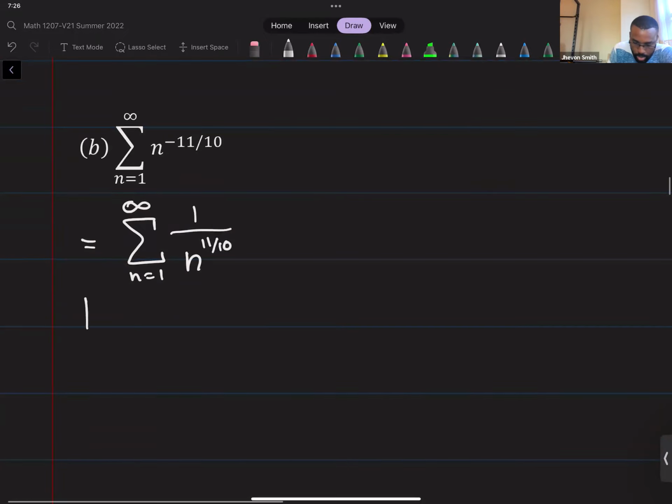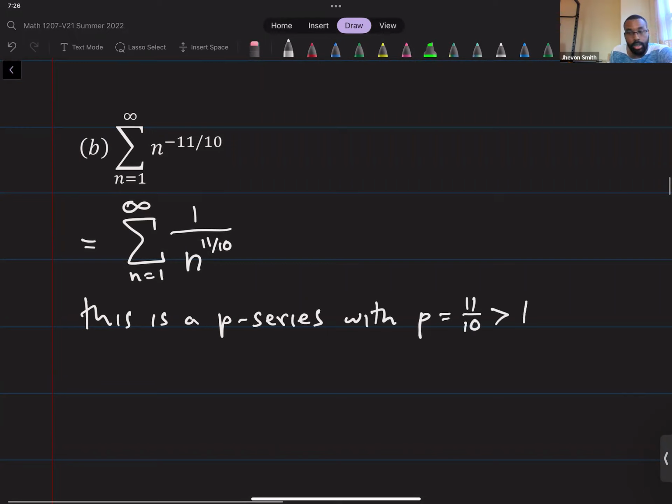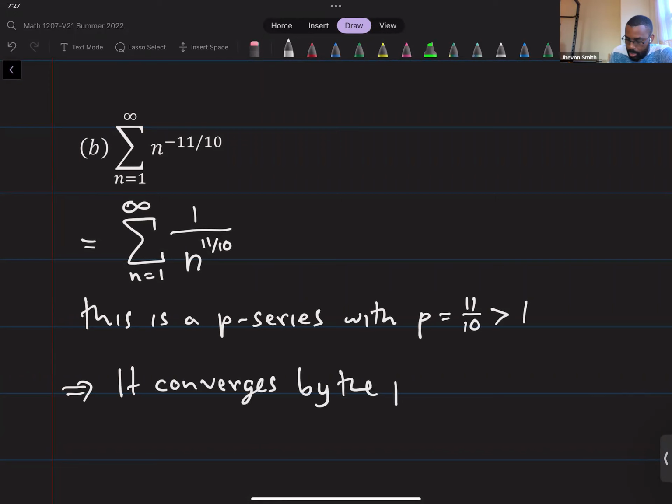And then I can say, oh, this is a P series, with P equals 11 over 10. And guess what? That's greater than 1. Therefore, I can say it converges by the P series test.